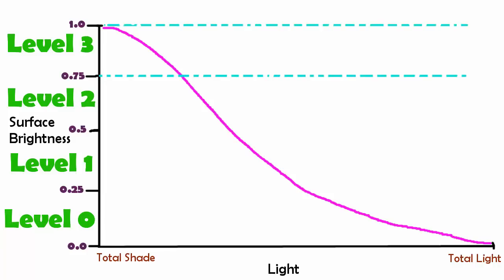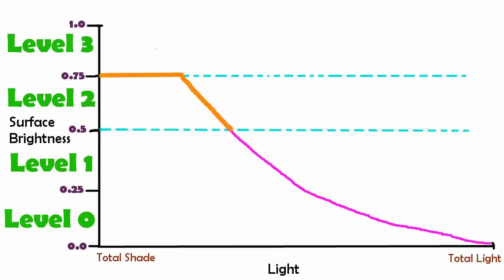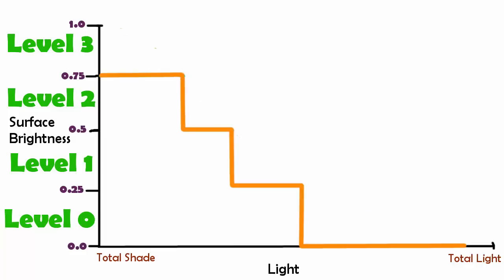Every point with a brightness of between these two values, so that's this part of the line, gets set to the lower limit of this level. The same happens for the next level as well, so any point with a brightness between these two limits gets set to the lower limit value, and the same for the other levels. So instead of the continuous smooth line, we instead get these very discrete levels of brightness.